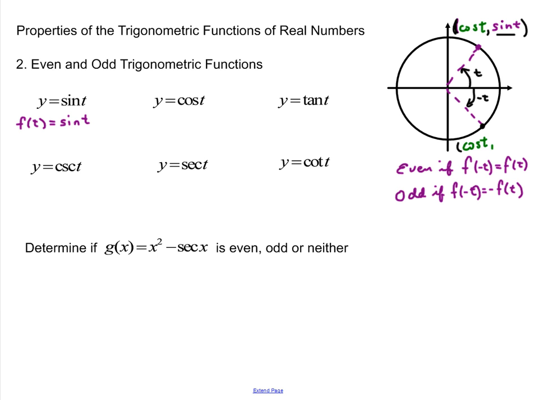Sorry, we should make that cosine of negative t right there. And our y value is going to be the sine of negative t there.